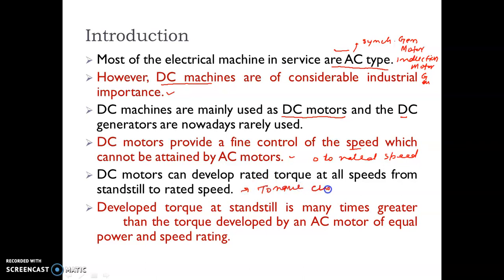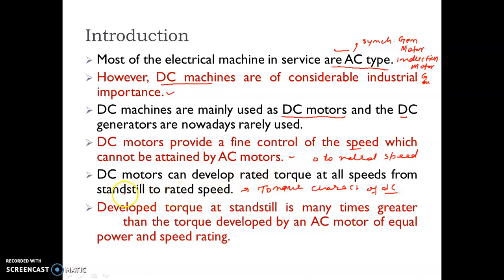The torque characteristic of a DC machine is very excellent, because we can control the speed and develop torque. A DC machine can develop torque from a standstill.